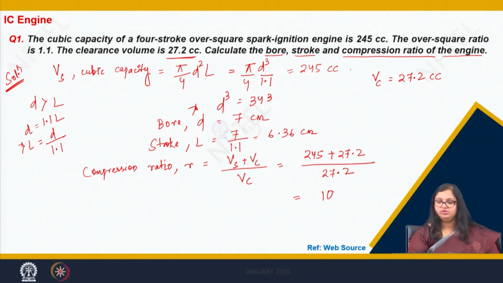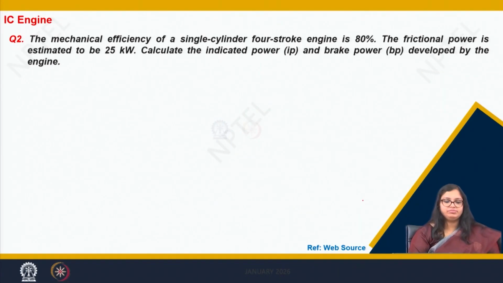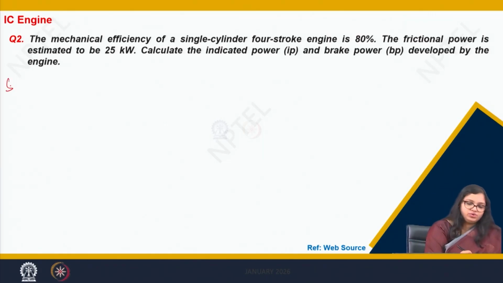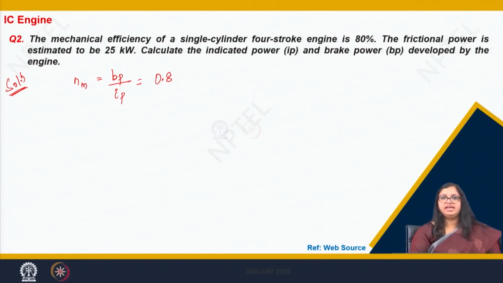Now coming to question number 2. My question number 2 tells that the mechanical efficiency of a single cylinder 4-stroke engine is 80%. So what is given in the question? My Nm, that is Bp by Ip, is given as 0.8, that is 80%.